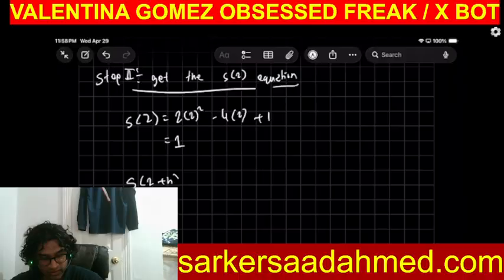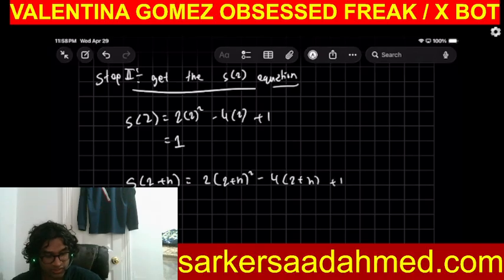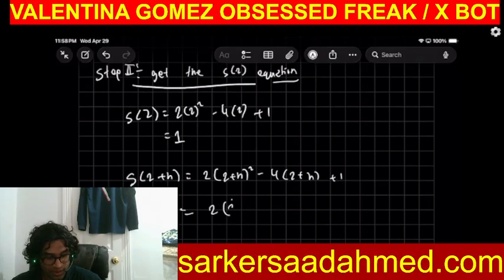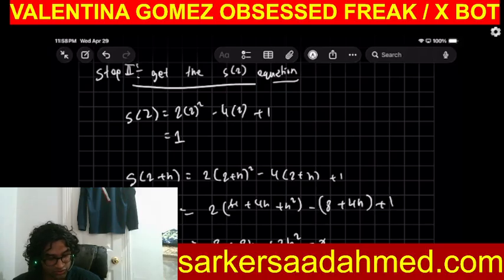And then s of 2 plus h would be 2 times (2 plus h) whole square, minus 4 times (2 plus h), plus 1. So 2 times (4 plus 4h plus h square) minus 8 minus 4h plus 1. So 8 plus 8h plus 2h square minus 8 minus 4h plus 1. We have 8 minus 8 is 0, plus 1, so 2h square plus 4h plus 1.